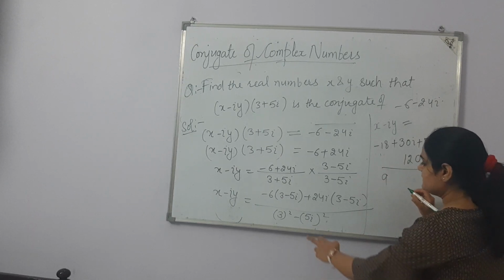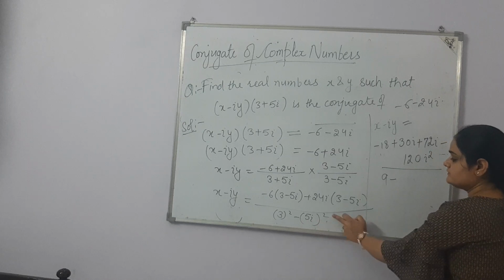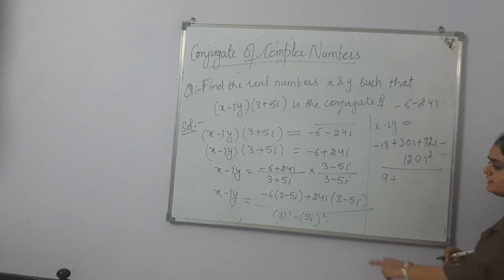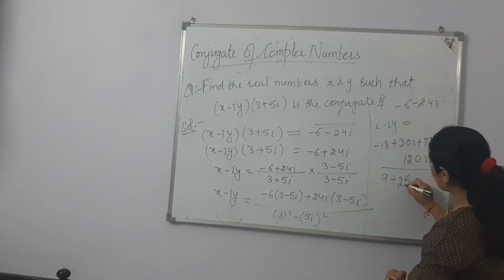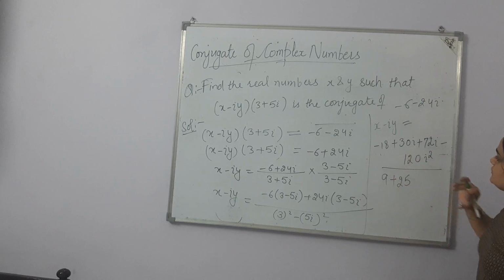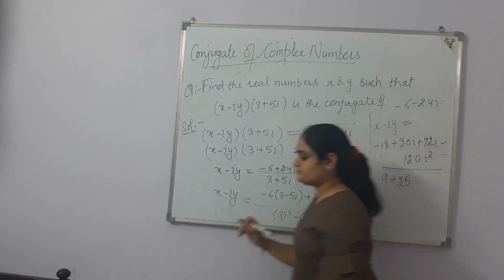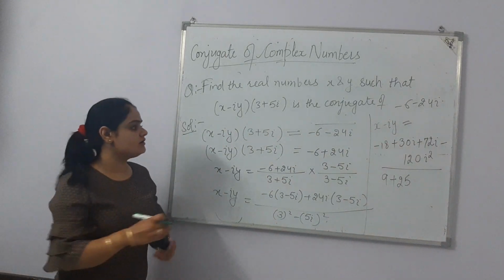Whole upon 9 minus iota square, which is again minus, it becomes plus 25. So we have this value. Now we'll solve it.